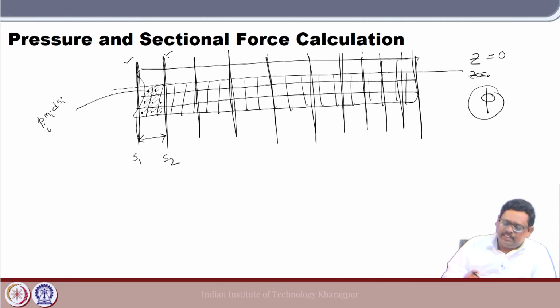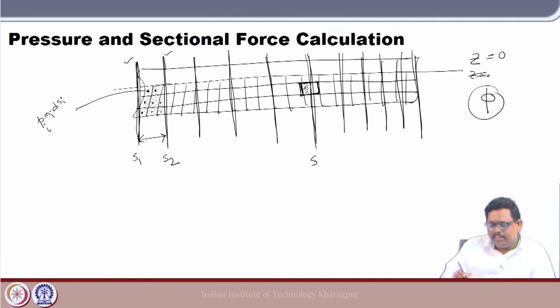Now, here you can see there is a catch. What is the catch? That is why I made this type of panel. Let us take this panel, and I make it a little bit darker. Let us say this is the panel, and this is my section line. You can see that some of the panels are on the left hand side of the section.